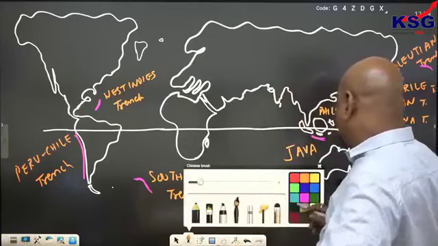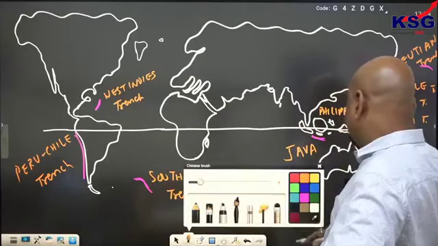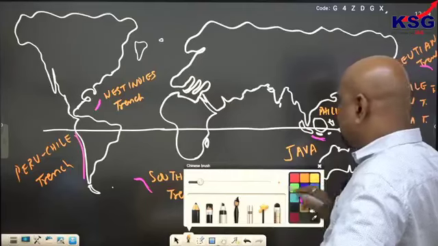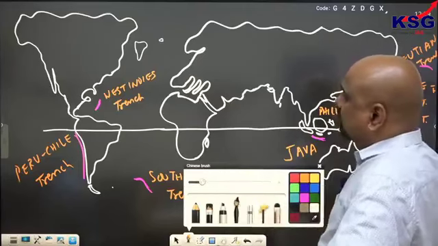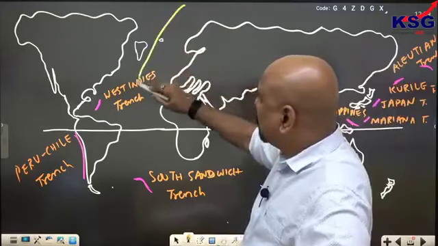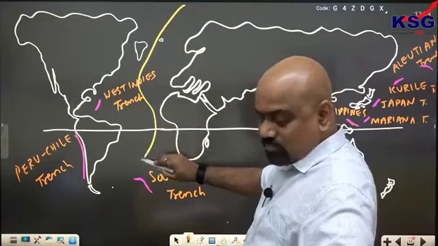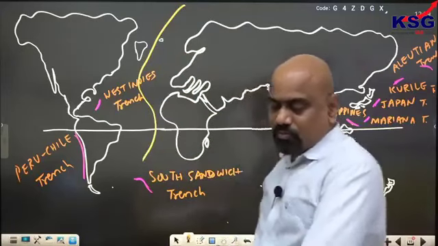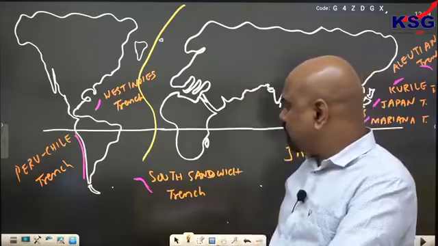Now if I go to the mid-oceanic ridge formation, the ridge which I haven't done yet, here you have the mid-oceanic ridge.